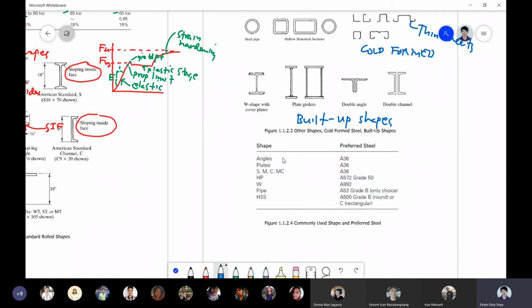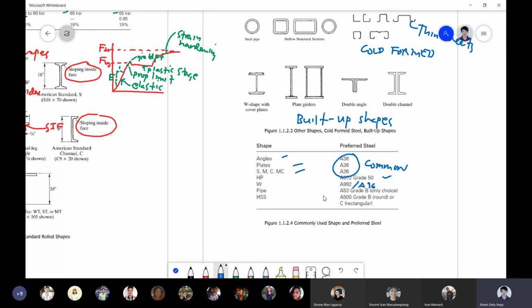Okay, so for angles, we normally use A36 plates and this. So this is the most popular, no? Available in your hardware store. Okay? For HP, it needs to be high alloy, no? A572. And for W shapes, normally there is also A36, no? Because A992 is expensive.